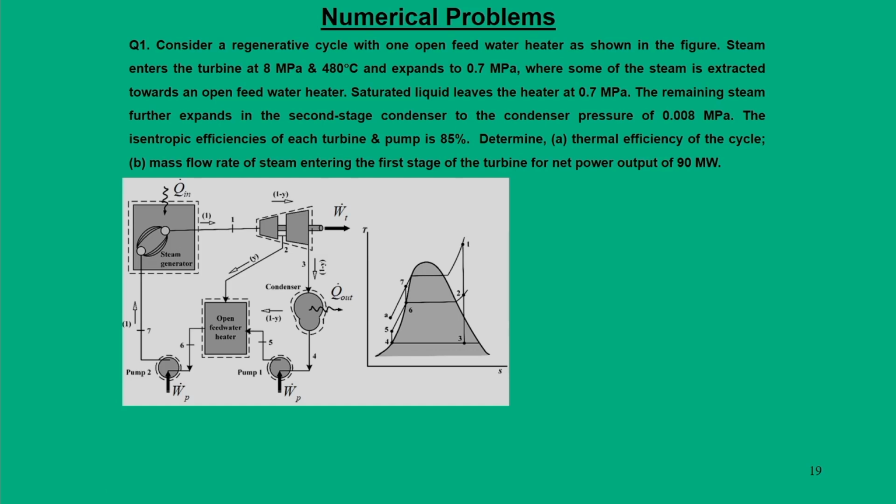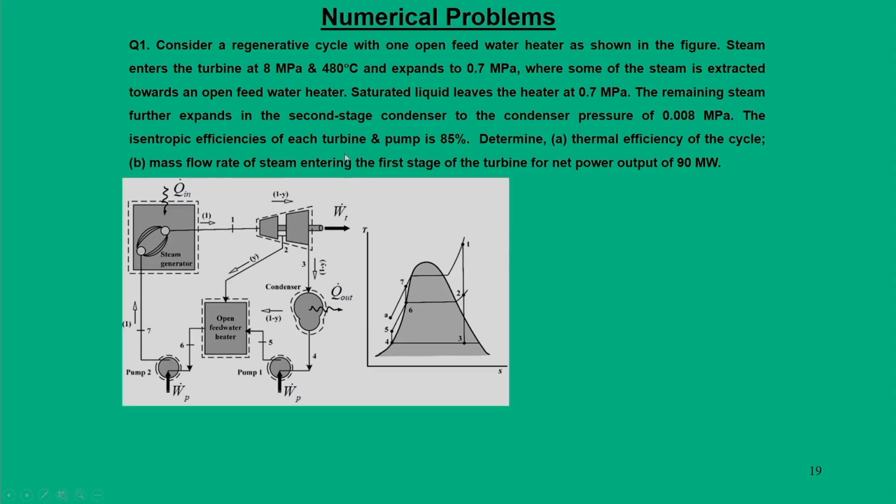For these problems, I urge the learners to revisit the modified Rankine cycles, that includes regenerative cycles, to understand these concepts. We also expect the learners to be familiar with the use of steam tables to solve these problems.